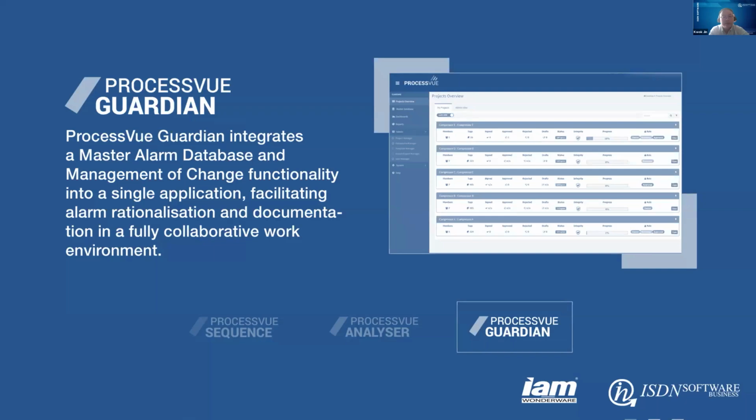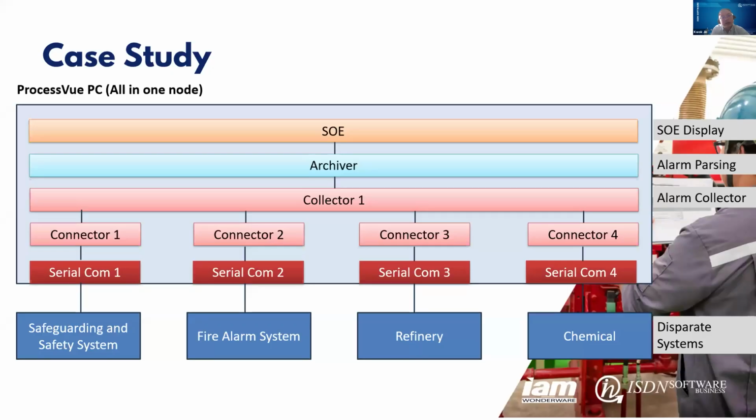Okay. So this is just a short case study for you to understand one of the case studies that we worked on together to deliver to our clients. As you can see at the bottom part here, these are the disparate systems. We have the safeguarding and safety system, a fire alarm system, the refinery, and the chemical.